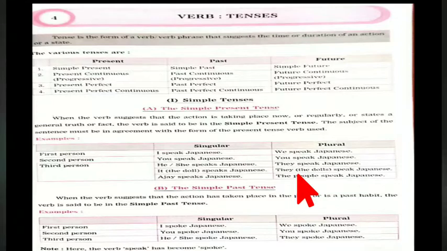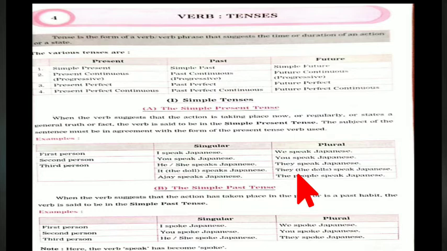So here, first of all, the simple present tense states that whatever action is there, it is taking place now, or usually it takes place, or it is a general truth or a general fact.